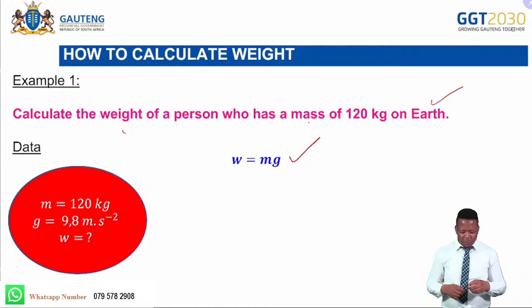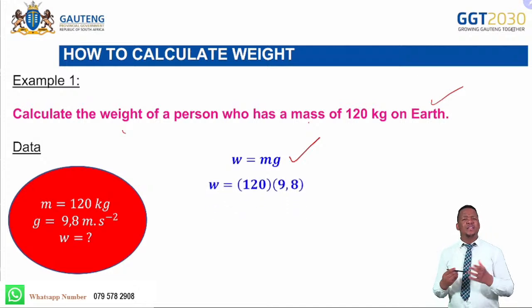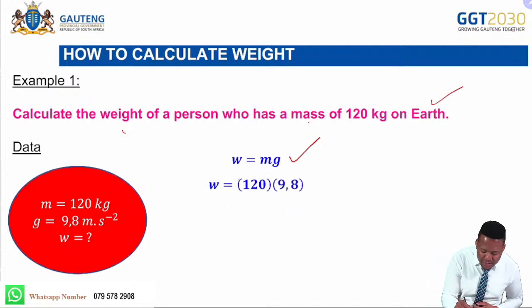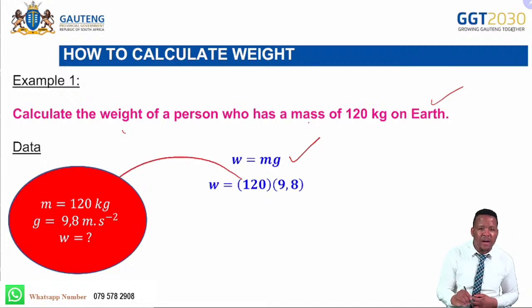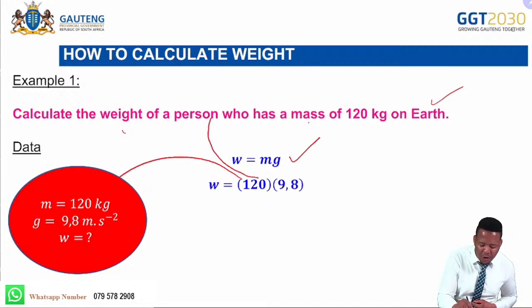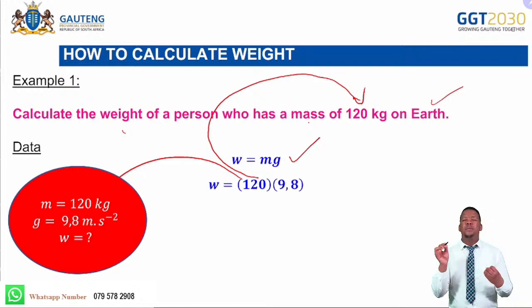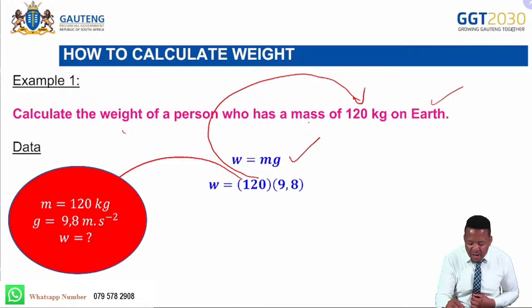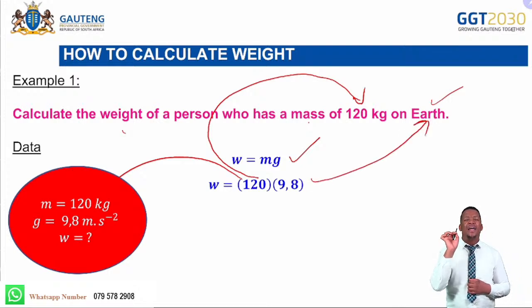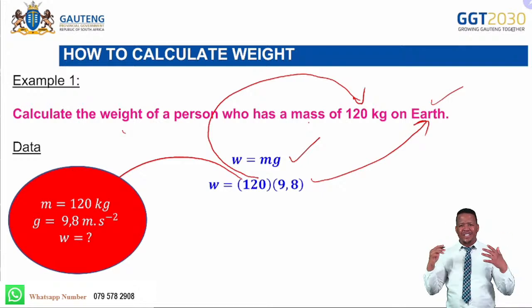Weight is equal to mass multiplied by gravity, where we say 120. Where did I get the 120? From our data, it is the mass of our person here. Then, because we said on Earth, our gravitational acceleration on Earth is 9,8 meters per second squared.